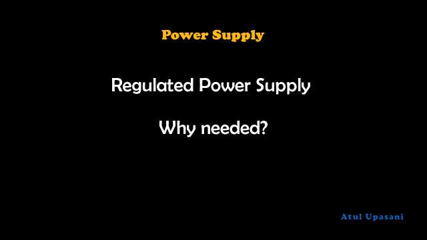This heat may damage the IC. Therefore, to increase the life of ICs, the devices require a regulated power supply. So this power supply should give a constant voltage without loss of power dissipation. So this is the need of regulated power supplies.